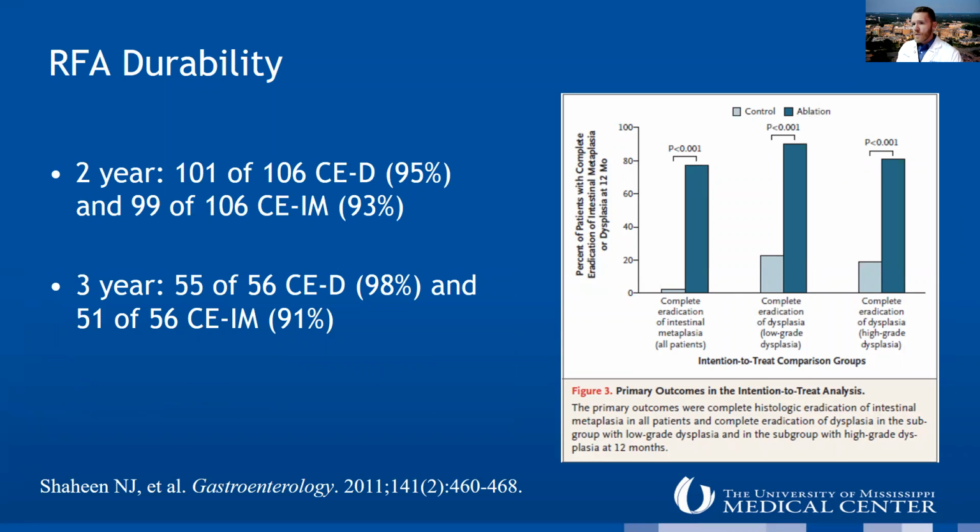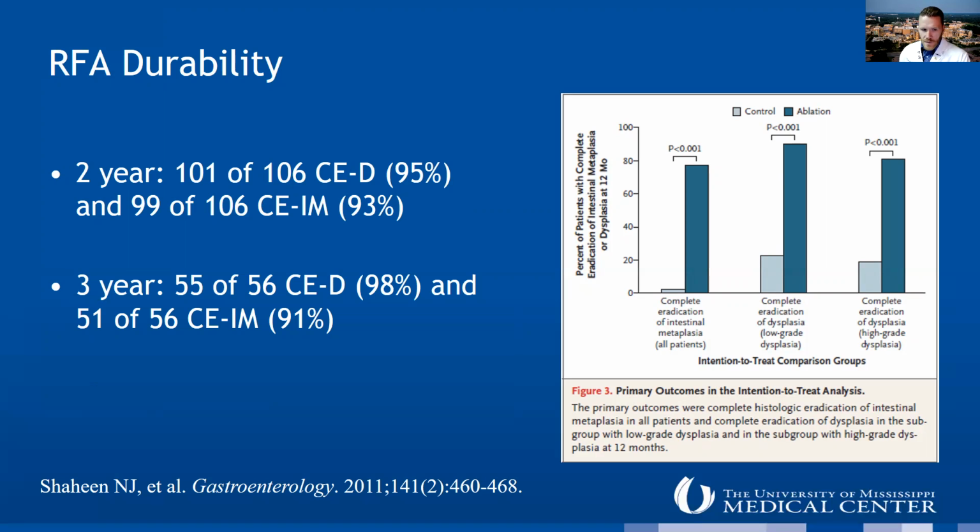So that was a 1-year follow-up, the original AIM study. And then whether or not its durability is in question, they had 2- and 3-year follow-up of those study patients. On the right, you see the chart from the original 1-year follow-up with the high rates of eradication compared to the control groups. At 2 years that basically held, 95% and 93% in terms of the dysplasia and intestinal metaplasia being eradicated.